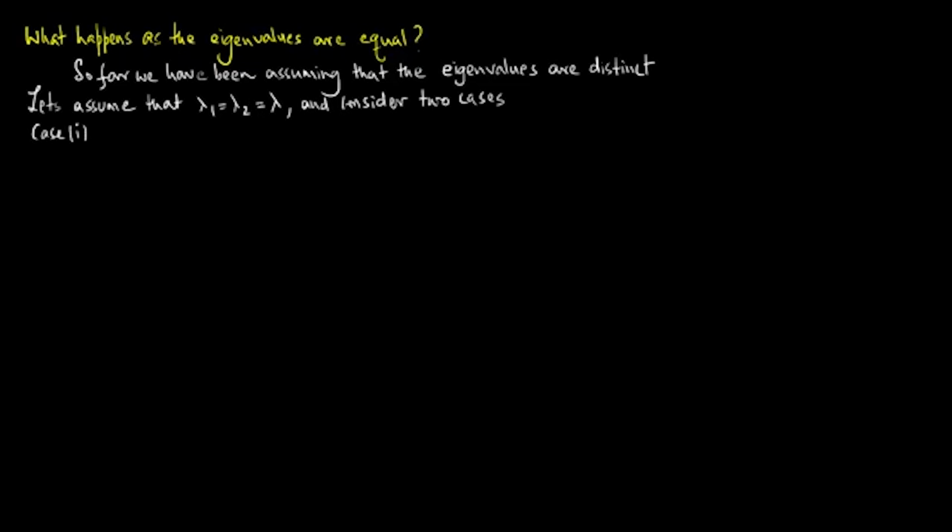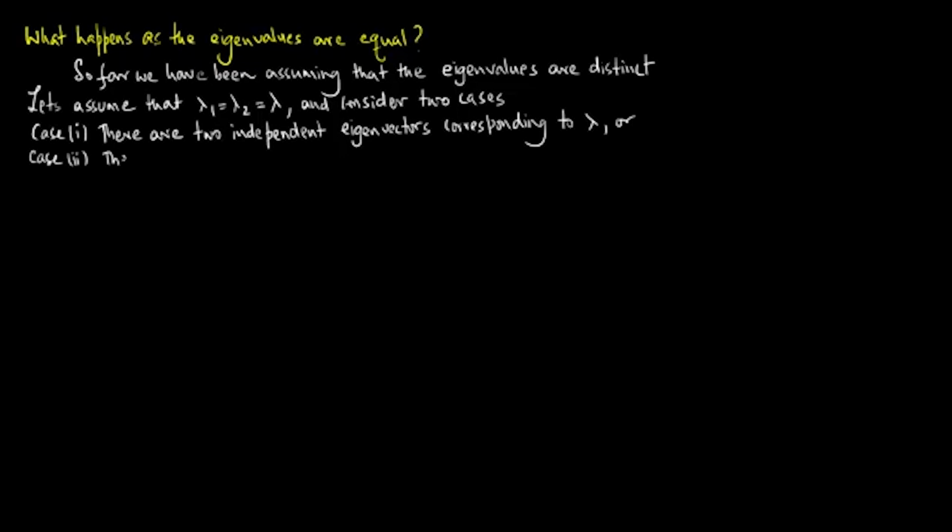Case 1, there are two independent eigenvectors corresponding to lambda. Or case 2, there is only one.